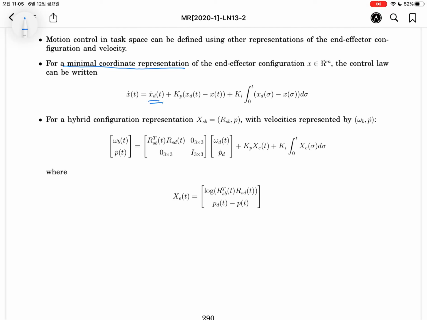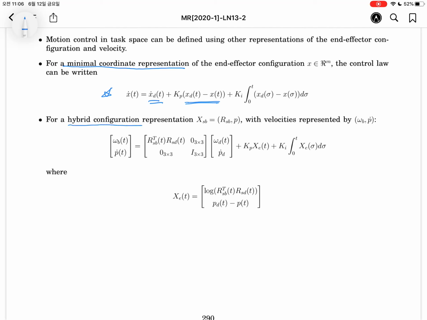Then we can write down the desired roll pitch yaw and the desired xyz, and using this kind of concept vector, we can write down the very simple feedforward plus PD formula.